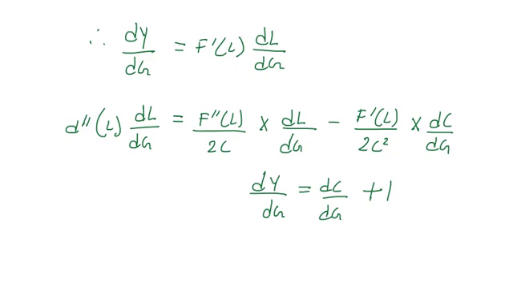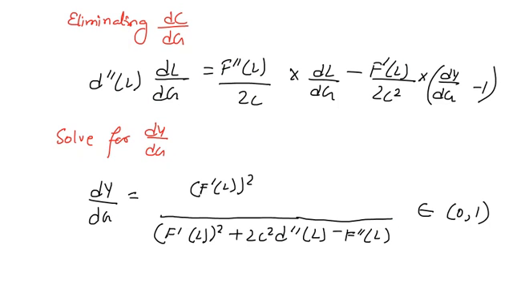I'll do all of this calculation in just a second, so please keep checking each and every step I do. Thus first we have eliminated dC/dG and then we have solved for dY/dG. I'll give 2-3 seconds on this, then I'll change the page and give you the answer.